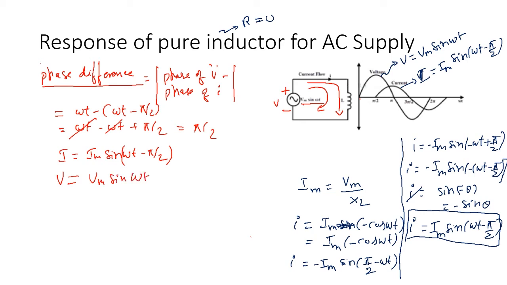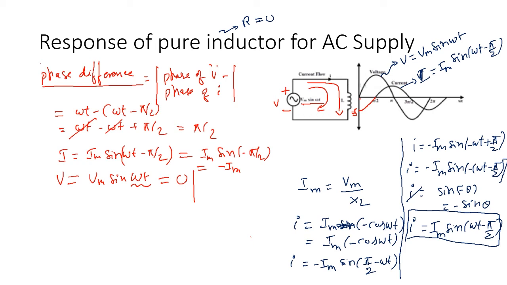If you substitute t equal to 0, this value becomes 0, and here sin of minus pi by 2 means minus 90 degrees. Sin 90 is 1, so you will get minus Im. So the signal starts here, at minus Im.